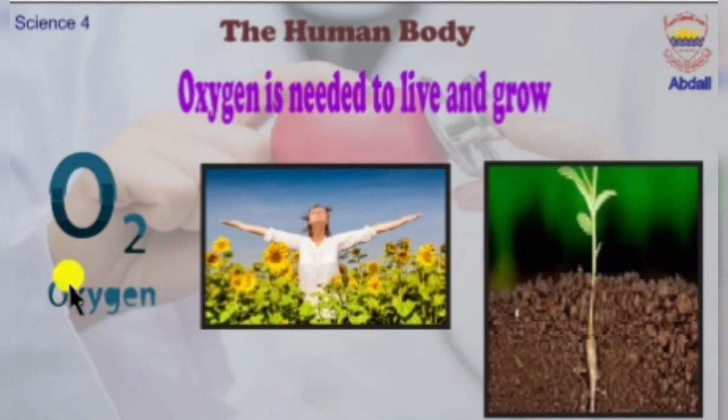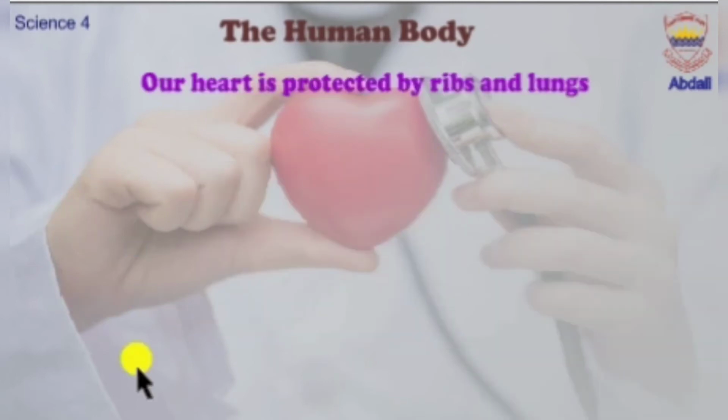Why is oxygen needed? Oxygen is a gas that humans need to live and grow. Why do we need oxygen? Oxygen is a gas that humans need to live and grow.